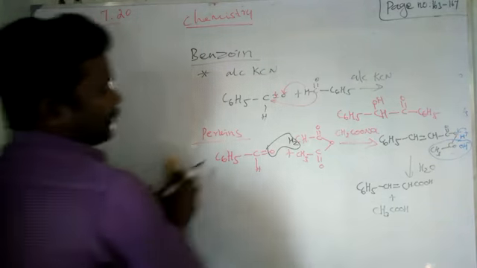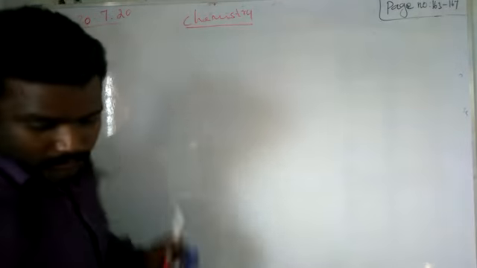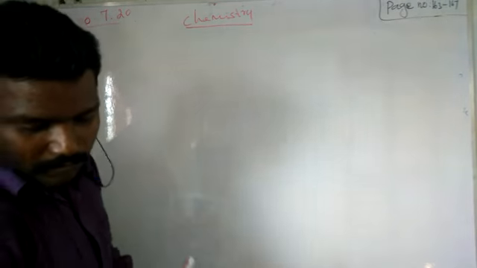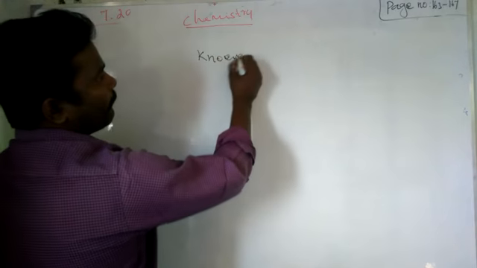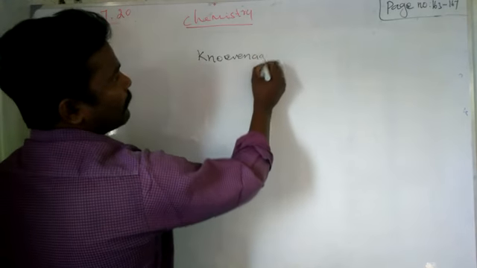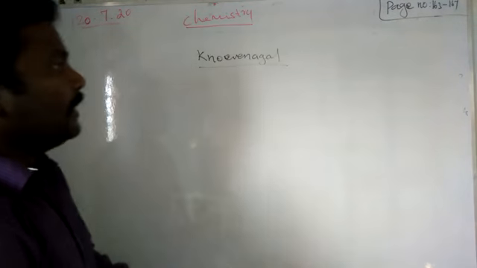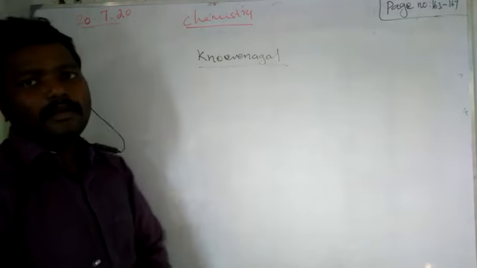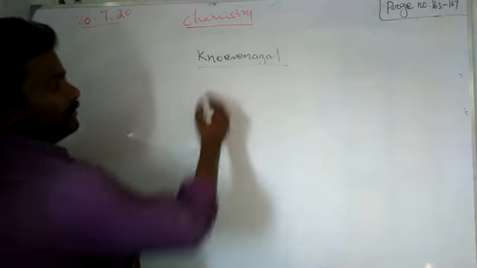Now the third important reaction, the Knoevenagel reaction. In the Knoevenagel reaction, benzaldehyde is treated with malonic acid in the presence of the catalyst pyridine.